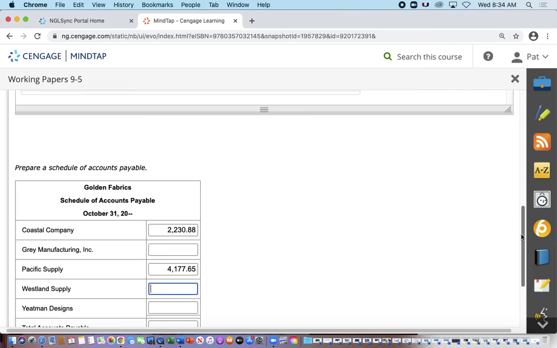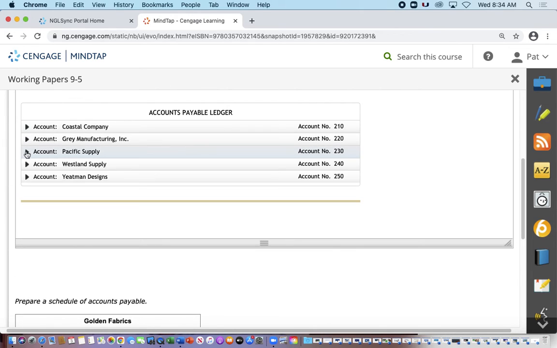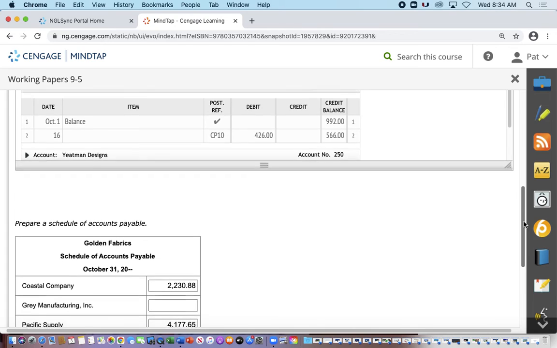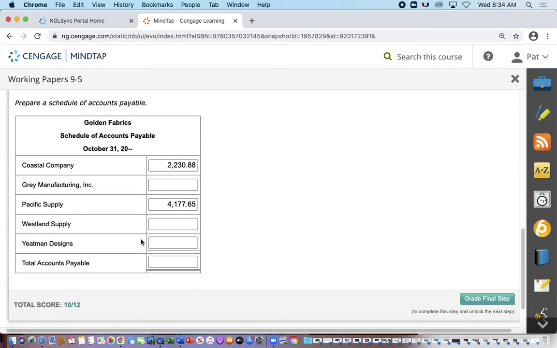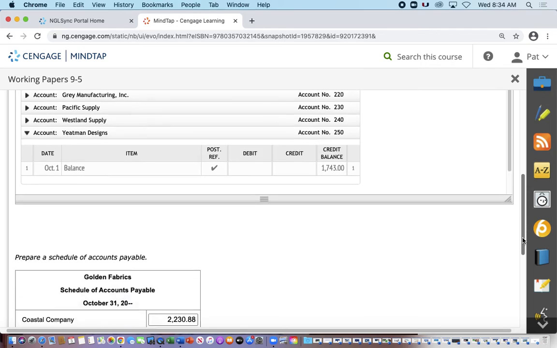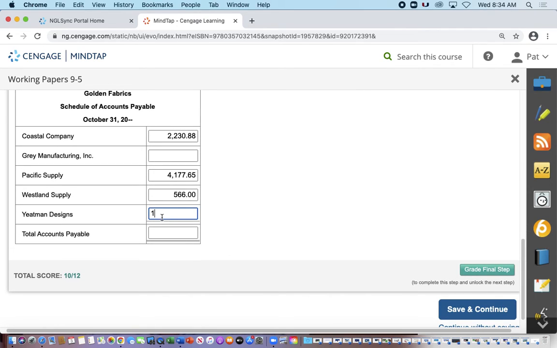My 0 goes away, so you don't have to put a 0. Is that how your guys is working? Okay. Westland Supply for 566. And then Yeatman Designs for 1,743. So the 0 doesn't go there. We used to put a line through it when we wrote stuff.